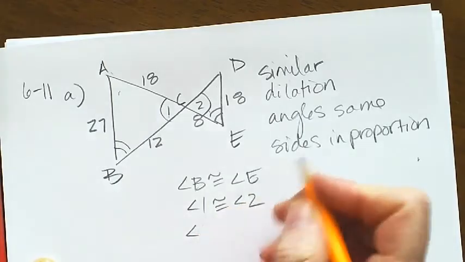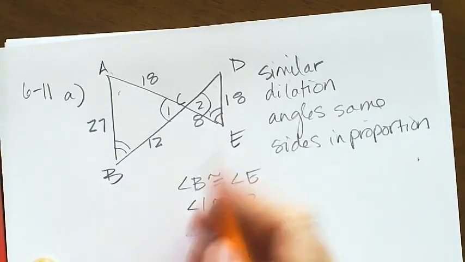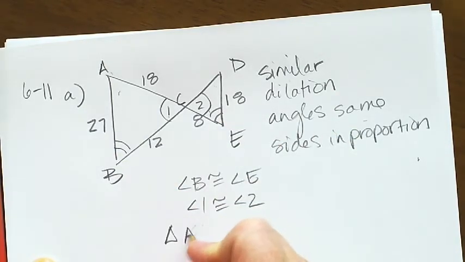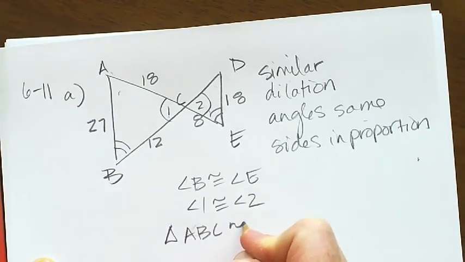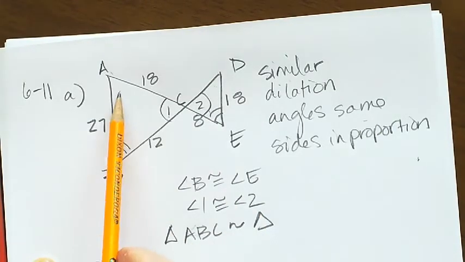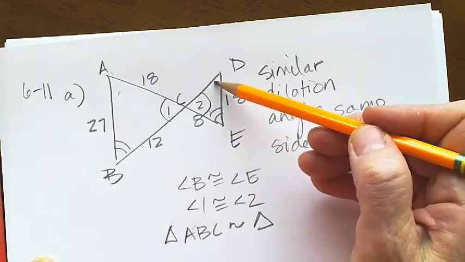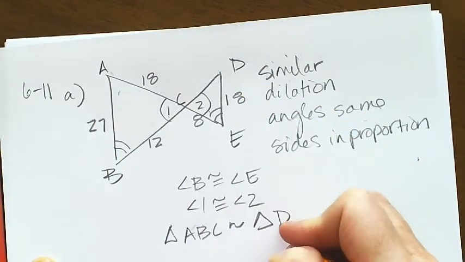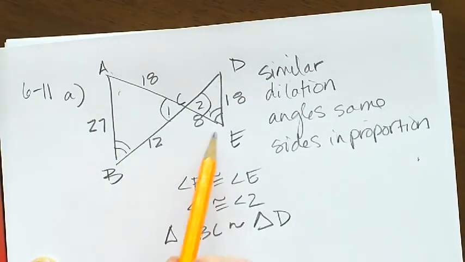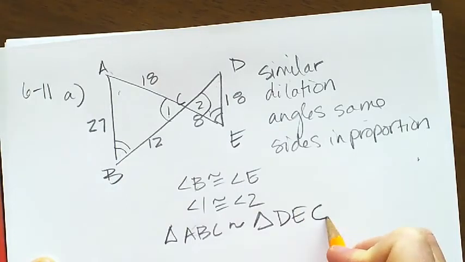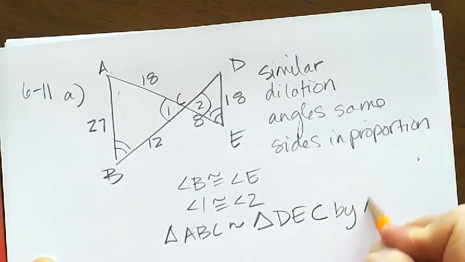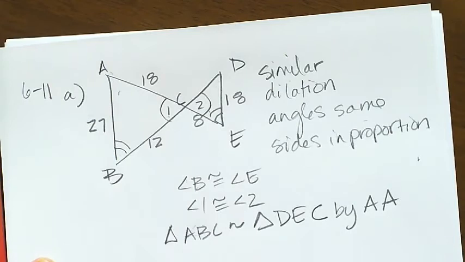So we know that triangle ABC is similar to triangle. Now let's get the order correct. A goes with D, so D has to go first. B is congruent to E, so DEC, by, and we just use the angle shortcut.